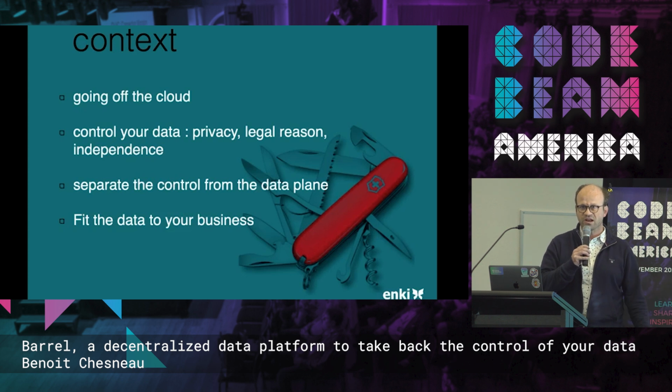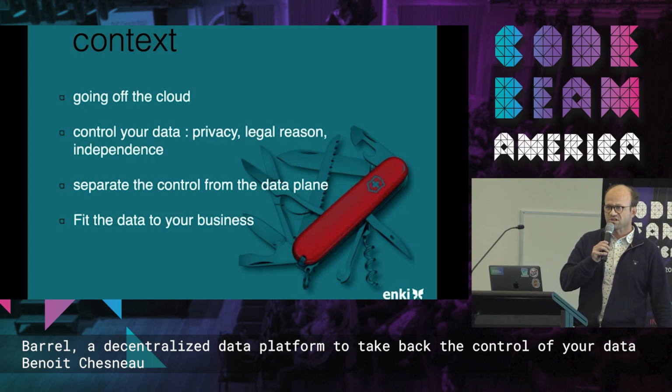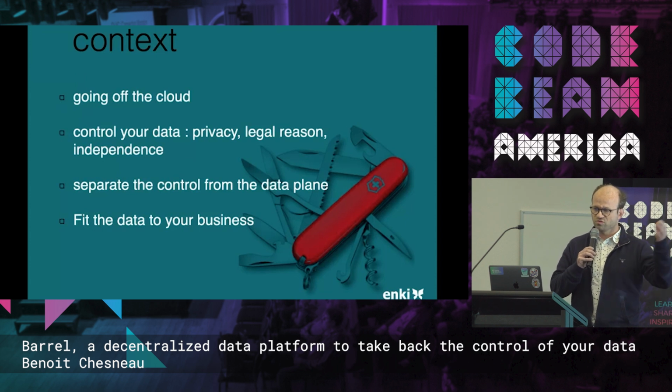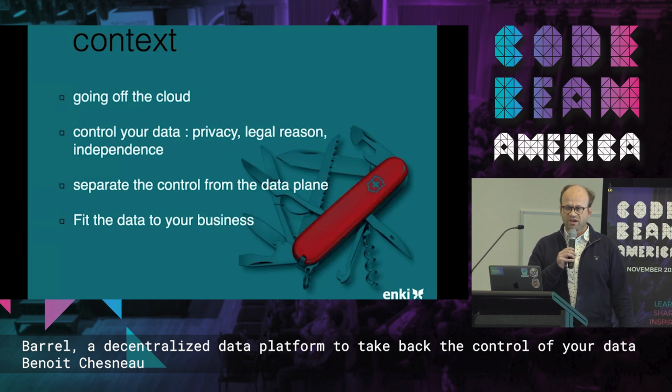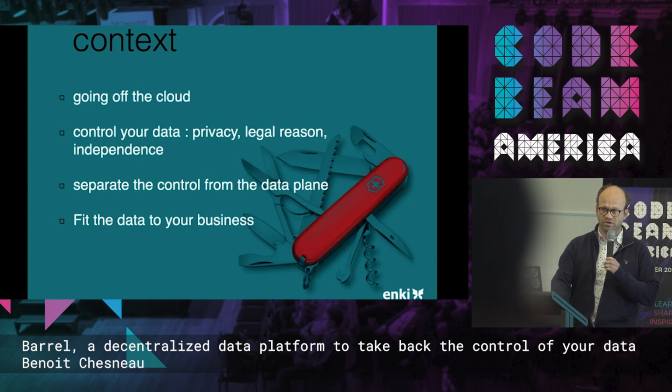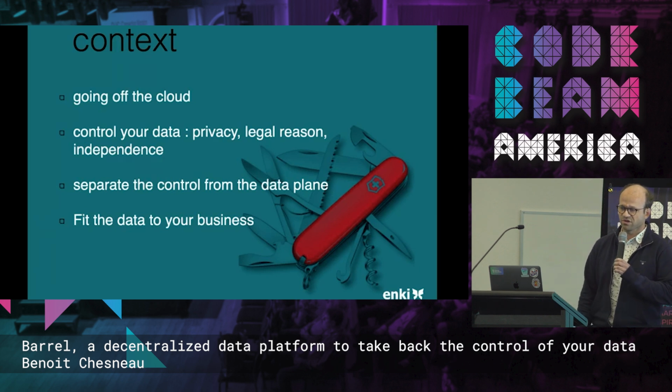As you know, the main clouds are US clouds, and for some European companies that is sometimes an issue. So they are thinking of putting things back. And as we saw yesterday in the talk, being on the cloud is very expensive over time. So it may be good when you want to make an MVP and go fast on the market, but over time you may have some advantage in putting the data back under your control.